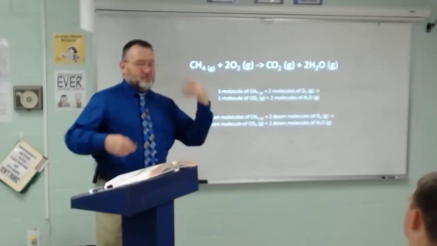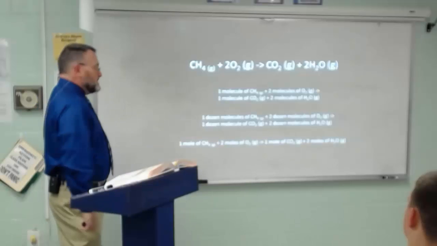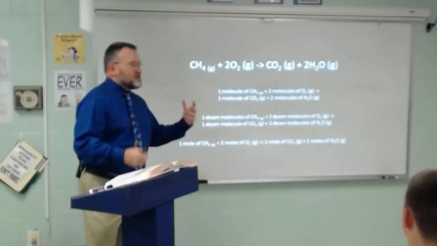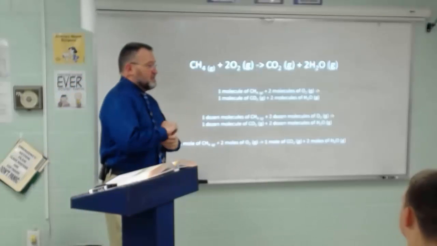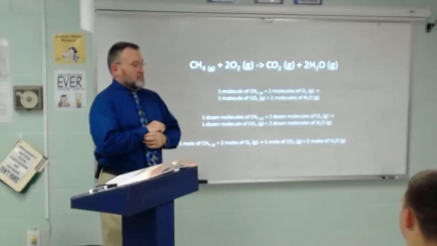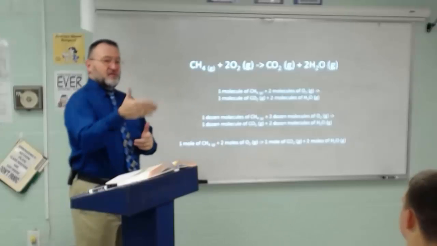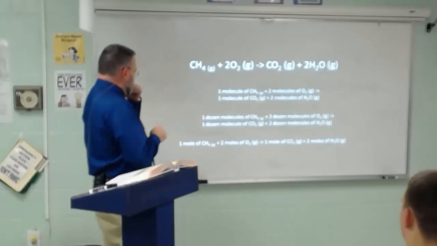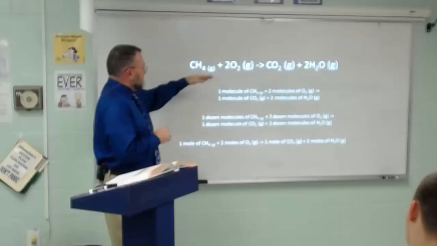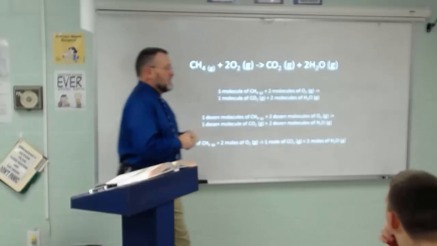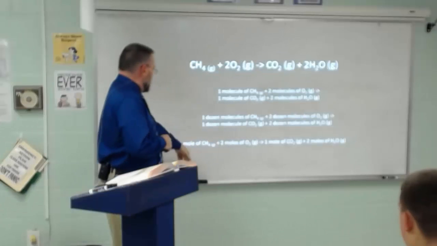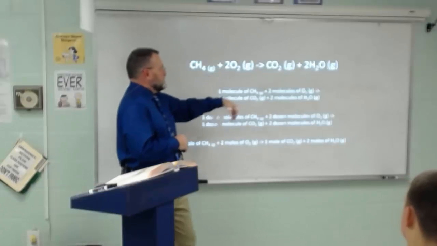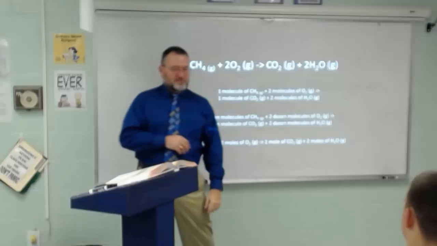Okay, now we need to go just one more step. Rather than dozens, we've said that a mole is nothing more than a unit of counting, right? It's a certain quantity. And so now here's where we take the big jump into using the mole concept. As you say that, okay, if 1 and 2 produce 1 and 2, and if 1 dozen and 2 dozen produce 1 dozen and 2 dozen, then 1 mole and 2 moles produce 1 mole and 2 moles.